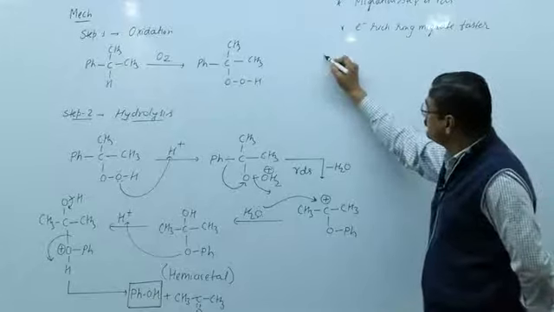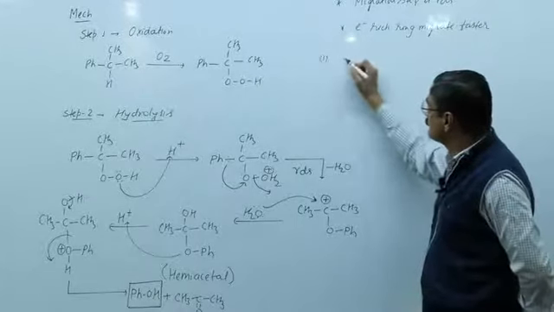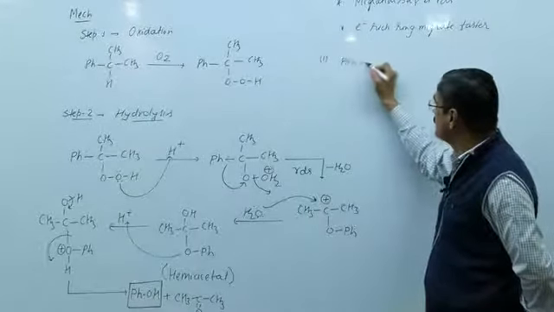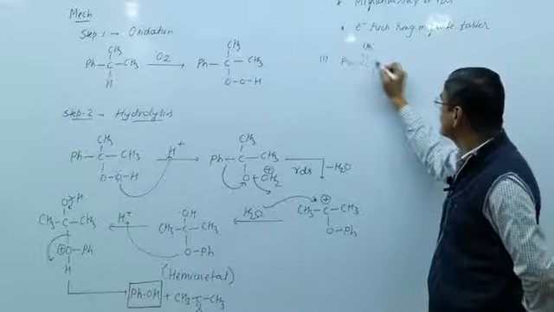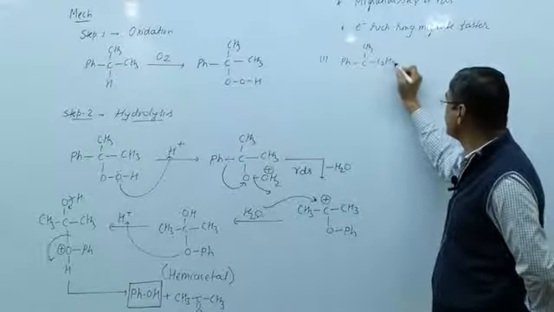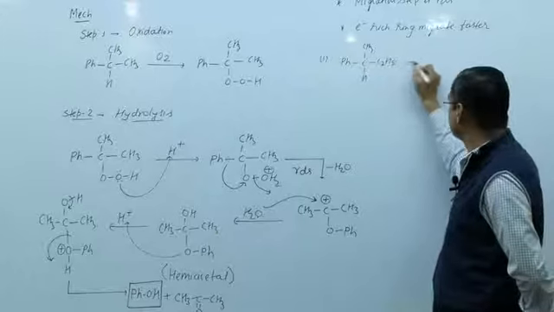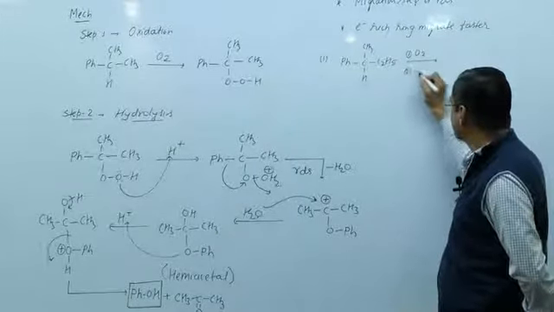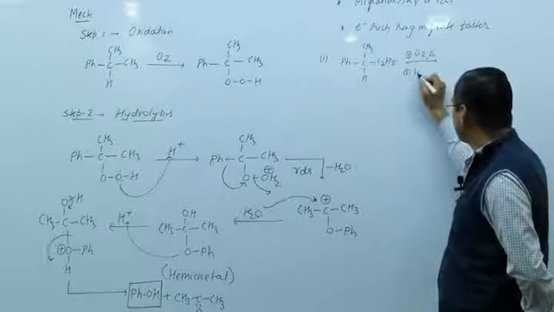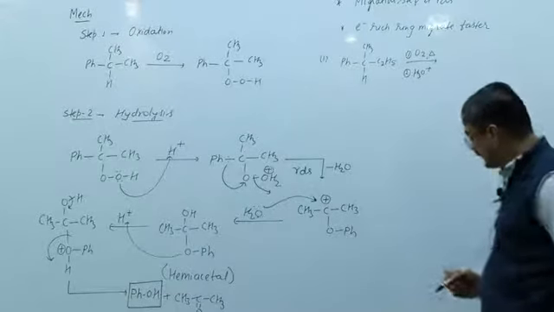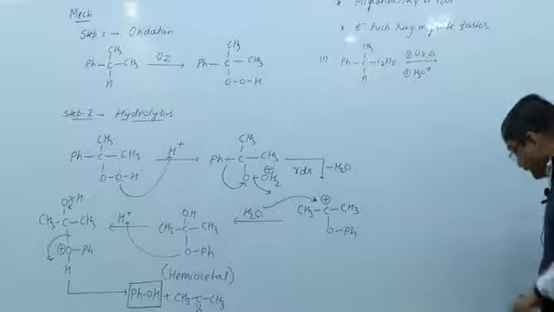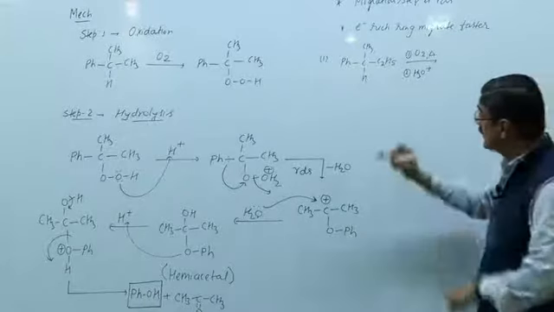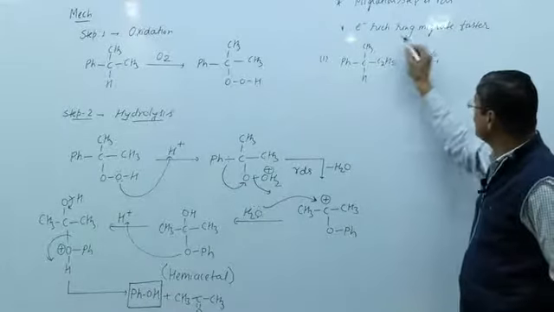For example, suppose I take Ph, CH3, C2H5, H. First is oxygen, second is hydrolysis. So you can write the product directly by following this trick.